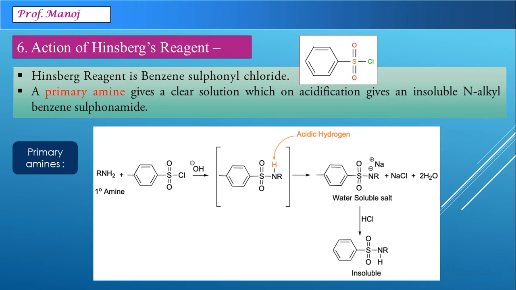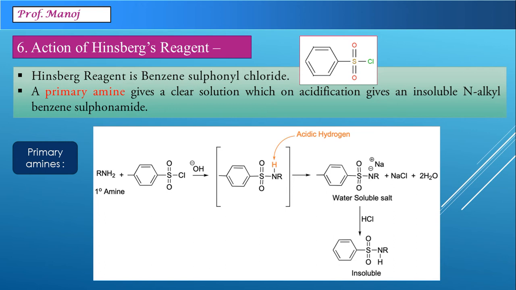The hydrogen of amine is called acidic hydrogen because it is connected with the SO2 group. That is removed immediately by NaOH to form an ion, which is a water soluble salt. This water soluble salt, when treated with HCl, gives you an insoluble precipitate of N-alkyl benzene sulfonamide.